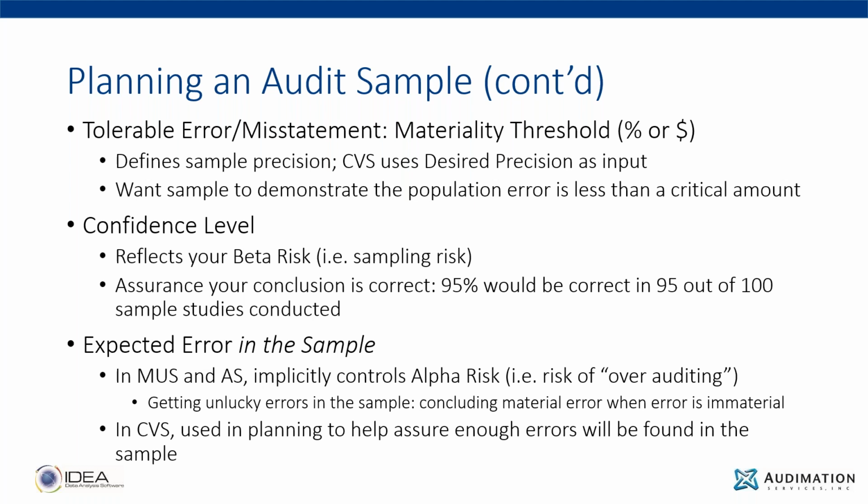Let's say you had 105,000 items in your population, and there was only one control violation in it. And you wanted to prove that the control violation rate was less than 50%. You should only need to sample 5 items.